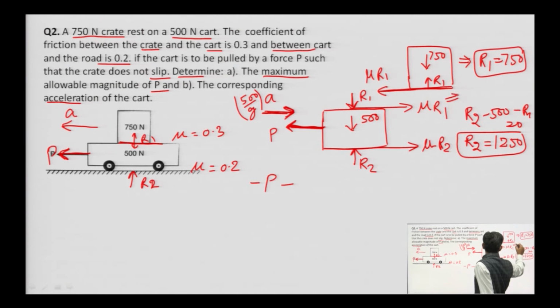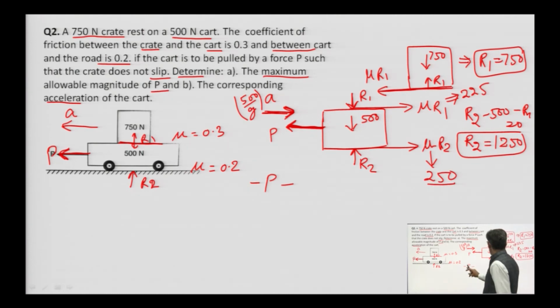Mu is 0.3 for the first, so 0.3 multiplied by 750, which is 225, and the other value is 1250 multiplied by 0.2, which is 250.